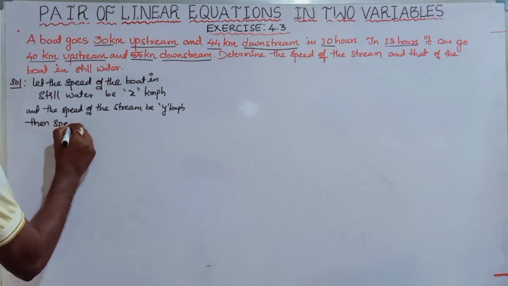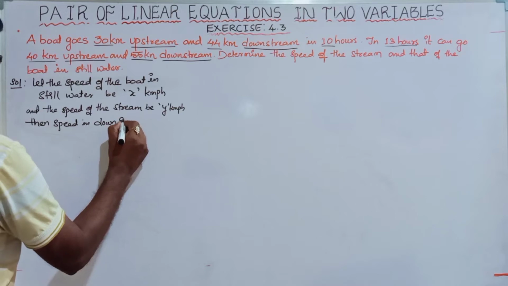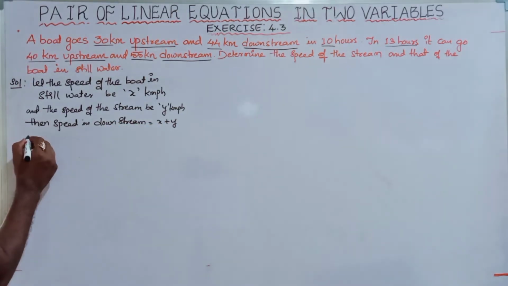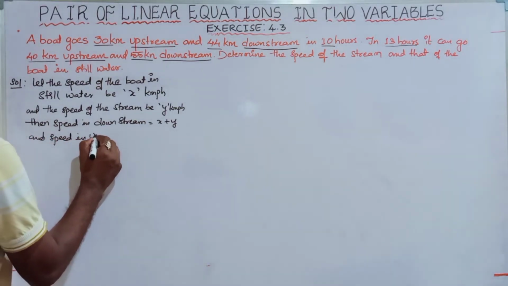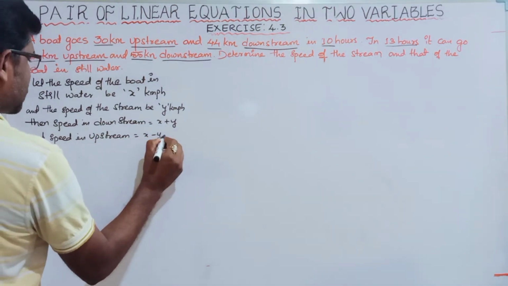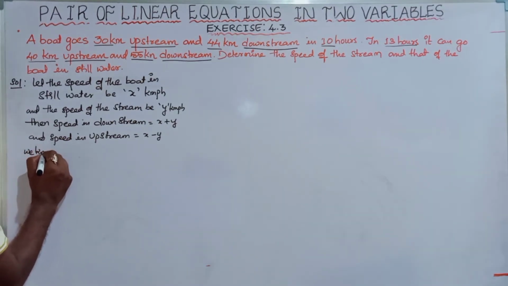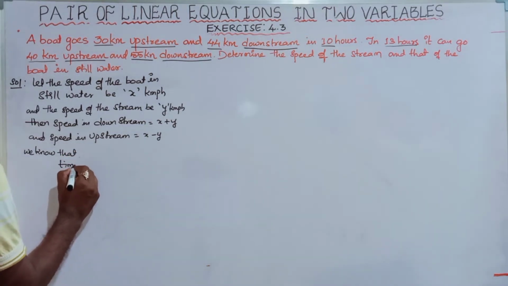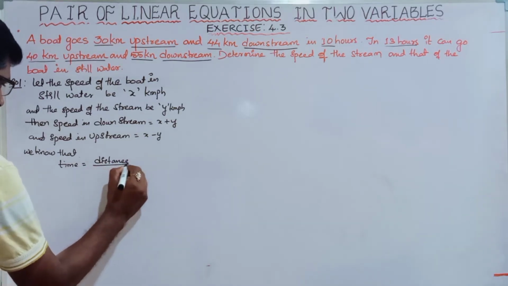Then speed in downstream is equal to x plus y, and speed in upstream is equal to x minus y. We know that time is equal to distance by speed.